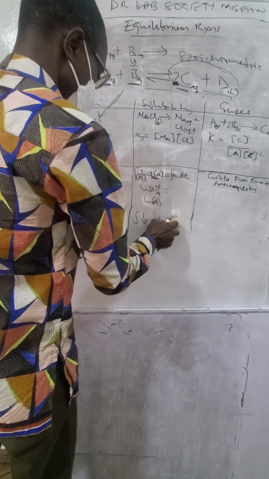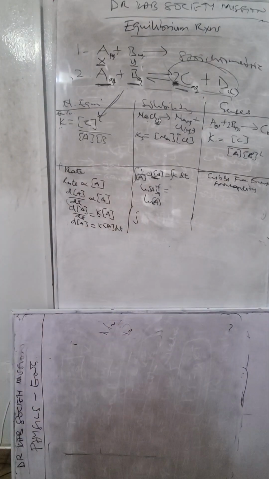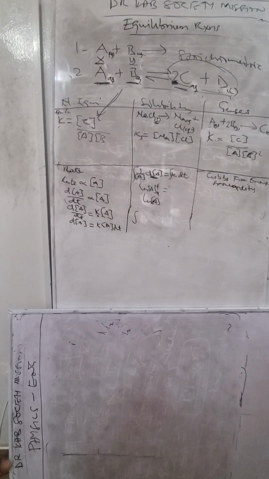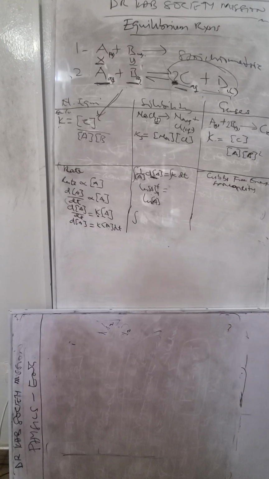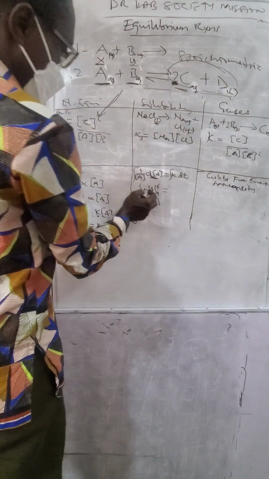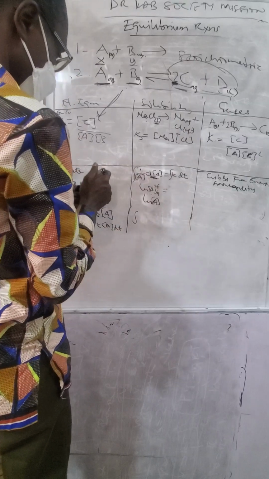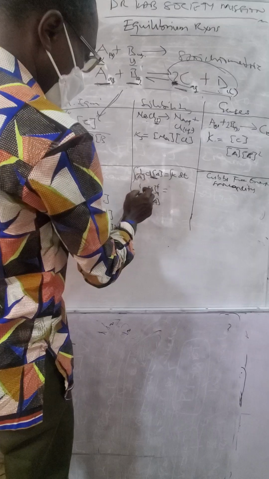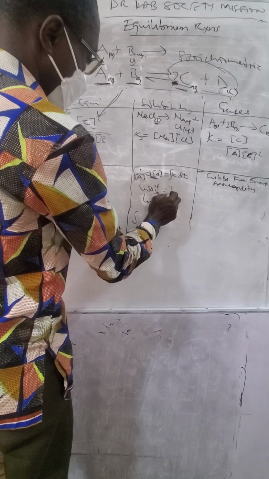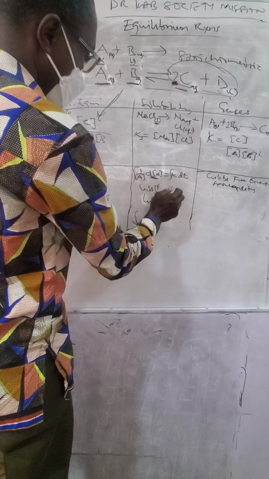Let me clean this one so that you can have it. Alright, so let's put this one here. K is constant, so K is coming out.